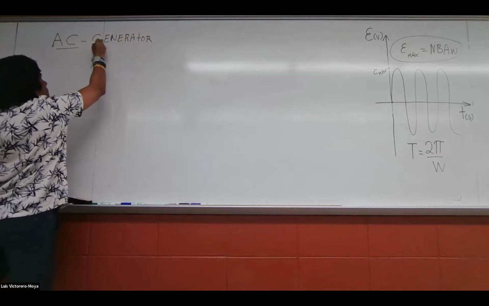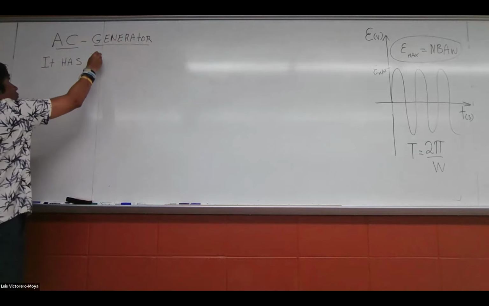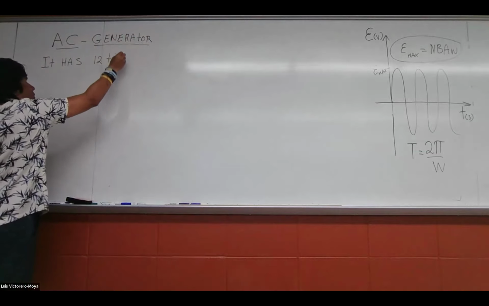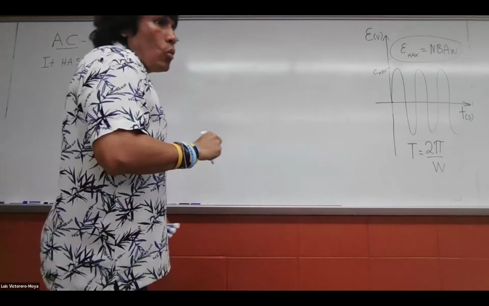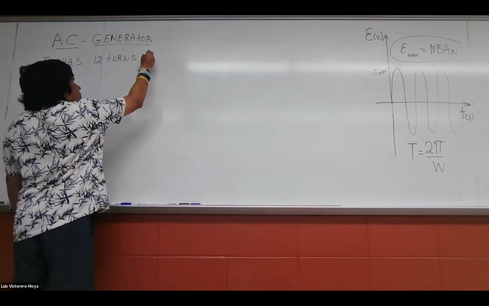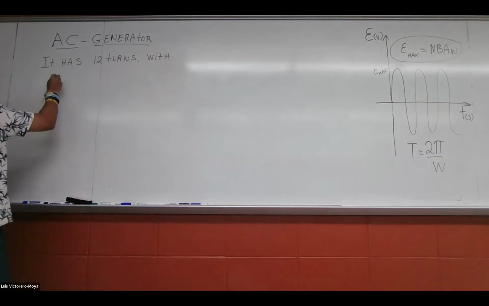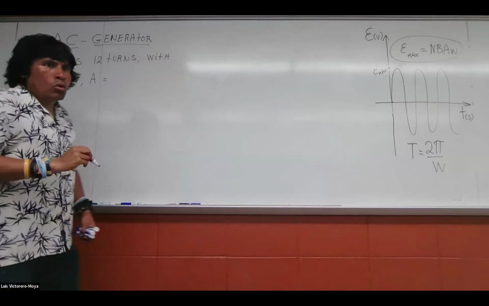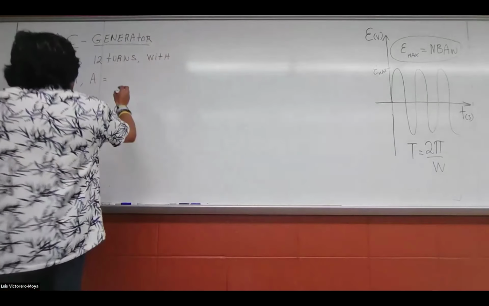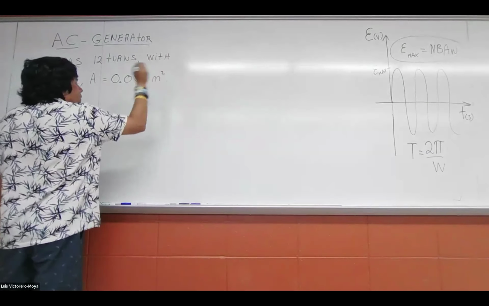It has 12 turns, with a cross section or area, A equals 0.080 meters squared. All right.